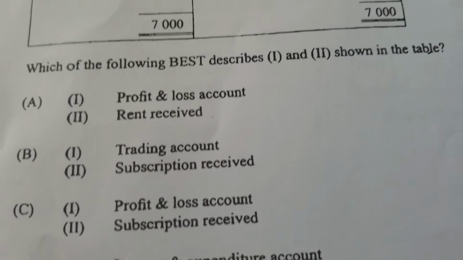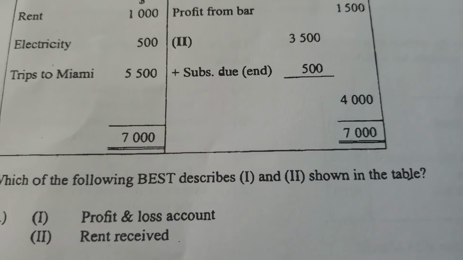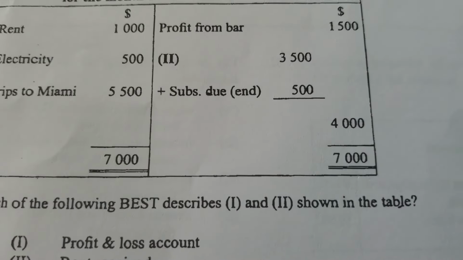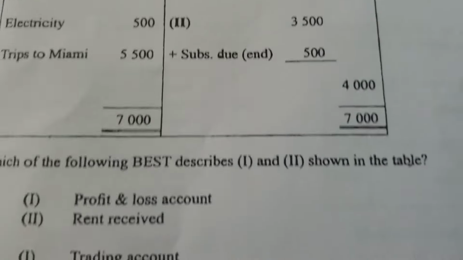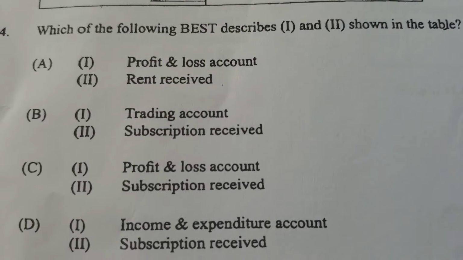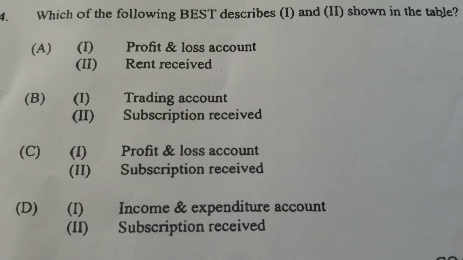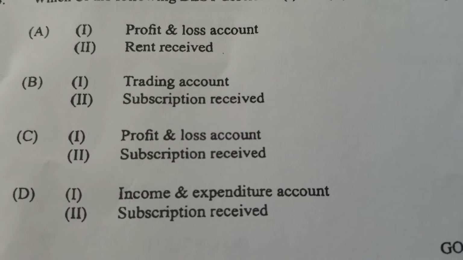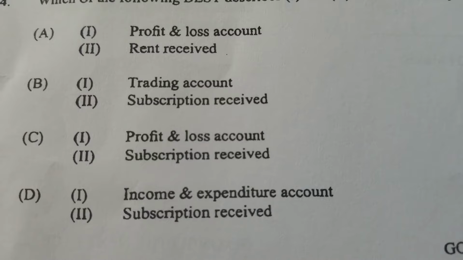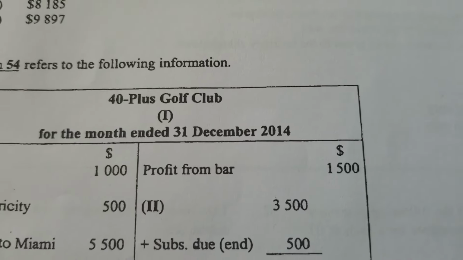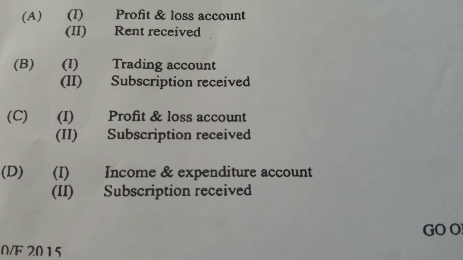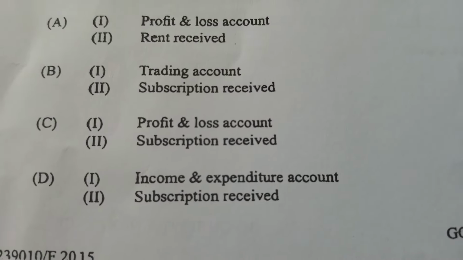Yes, they ask for I, and what is for 2, which is shown in the table. All right, so let's look at what would be the most appropriate. It is an income statement, income and expenditure account. So D is going to be the correct answer. And this information that we're seeing here would have been the subscription received. So D is the appropriate answer.